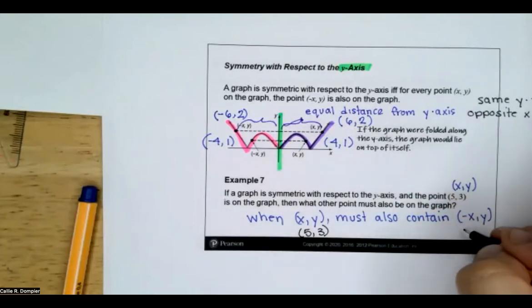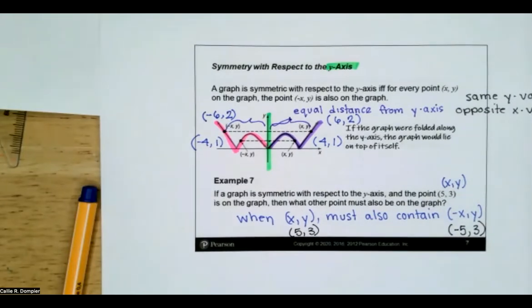Now we're going to make the x the opposite of 5. The opposite of 5 is -5. Keep the y the same.